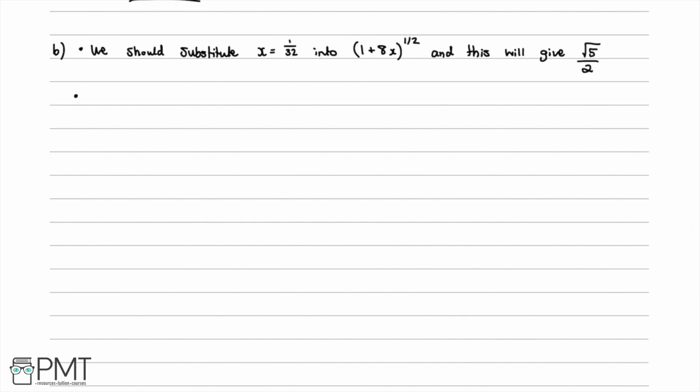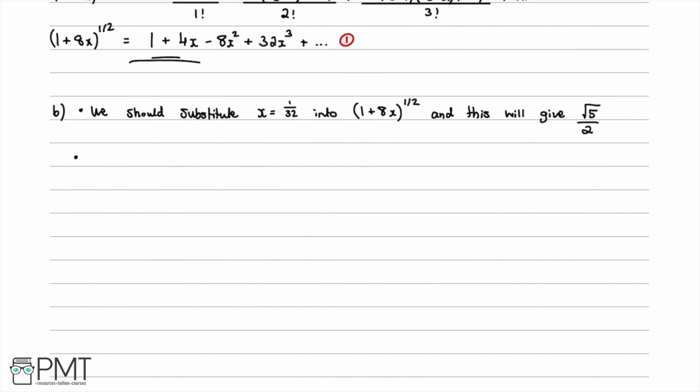Recalling the question, we want to find the square root of 5. We want to find an approximation for that. So what we can then do is we can take our expansion, so what we worked out in part A, so 1 plus 4x minus 8x squared plus 32x cubed, if we take that and then substitute in x equals 1 over 32, we then know we can multiply it by 2, and that will give us our approximation.